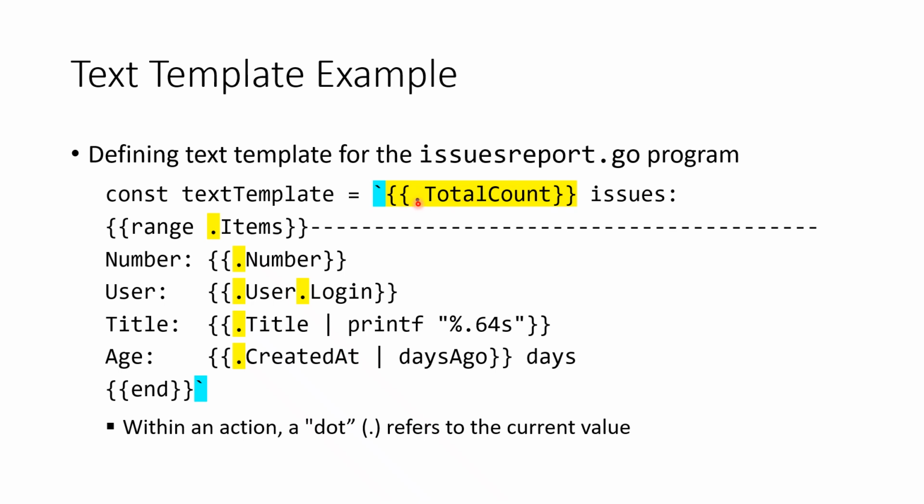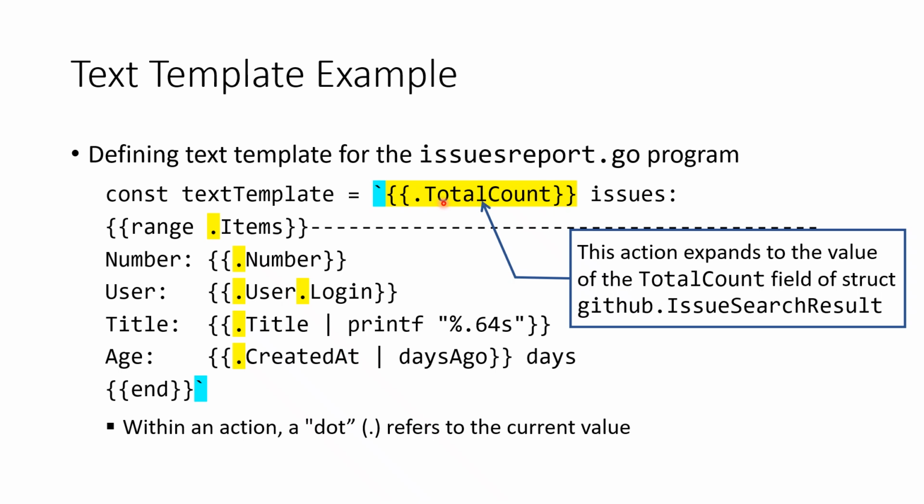Within an action, a dot refers to the current value. For example, the first action in this template is dot TotalCount, which expands to the value of the TotalCount field of the IssuesSearchResult struct in the GitHub package.